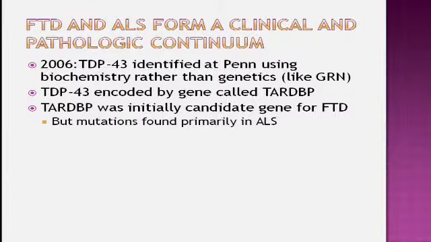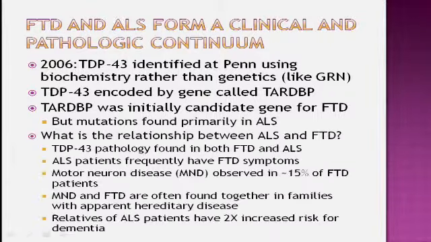There's a few cases in FTD, but primarily it's found in ALS. So this was kind of intriguing, and in addition, when TDP43 was identified, it was discovered that TDP43 pathology was not only present in FTLD cases, but also in ALS, demonstrating that FTD and ALS represent a clinical and pathologic continuum.